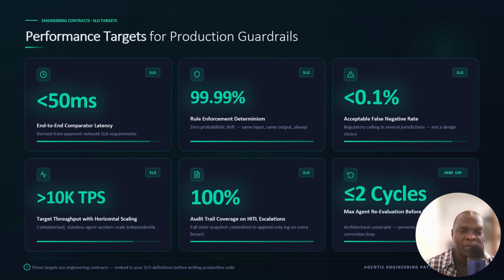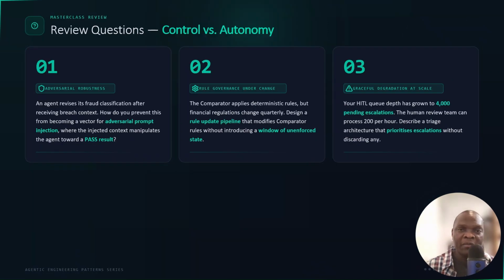Precisely. We're coming to the end of this lecture before we switch attention over to the code, and we look at some questions, 3 important questions to review this masterclass. And these questions cover control versus autonomy.